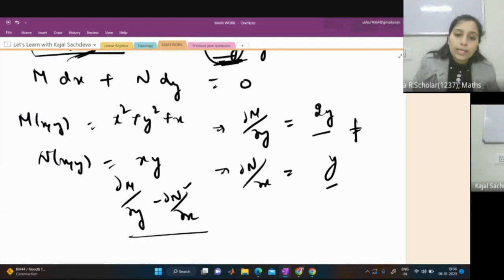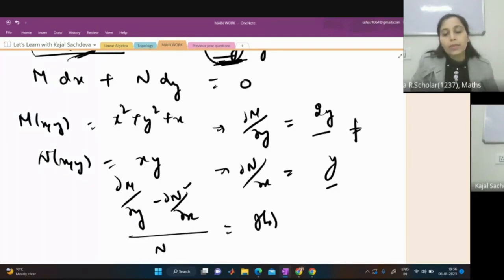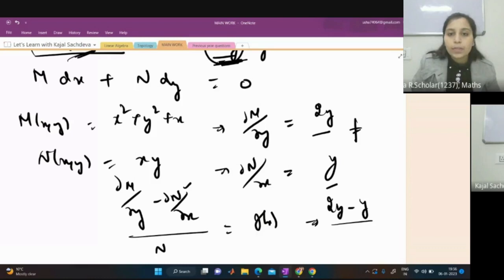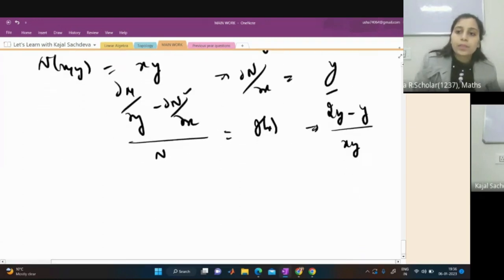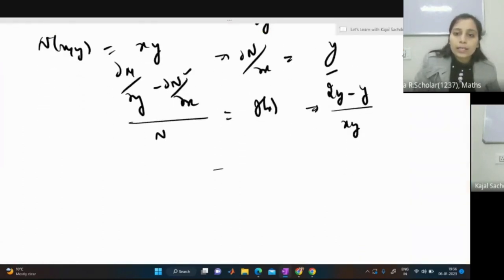Now taking N in the division, if we get a function of x, then we can have an integrating factor. So from here we get (2y − y) upon N, which is xy. This gives y upon xy, which is 1 upon x.